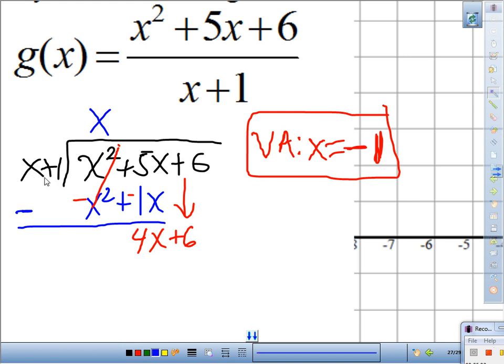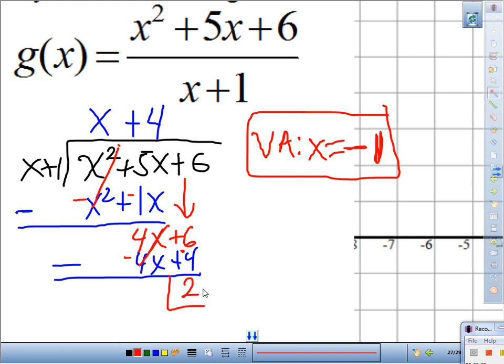What number times x gives me 4x? 4. 4 times x is 4x. 4 times 1 is 4. I'm going to subtract again, which makes this a negative, and this is a negative. We're left with 2. For the purpose of getting the asymptote, I no longer worry about the remainder or anything else. The only thing I need, pay attention to this part, is the quotient.